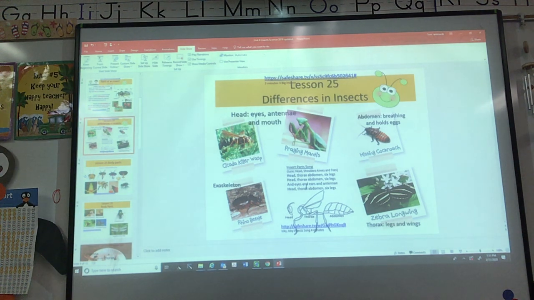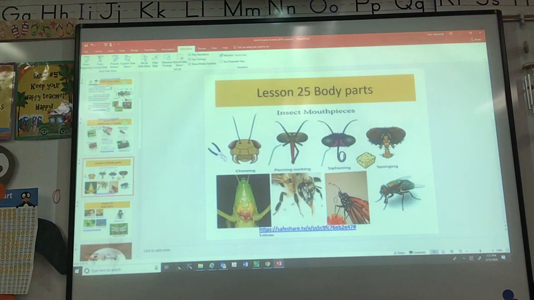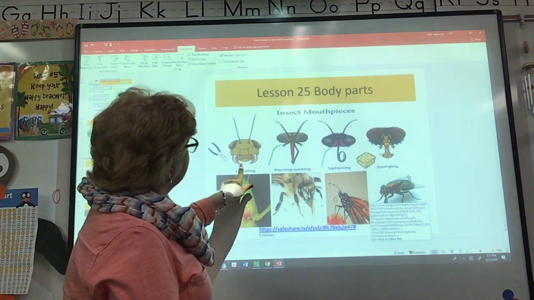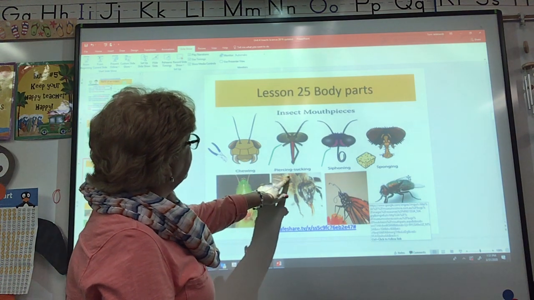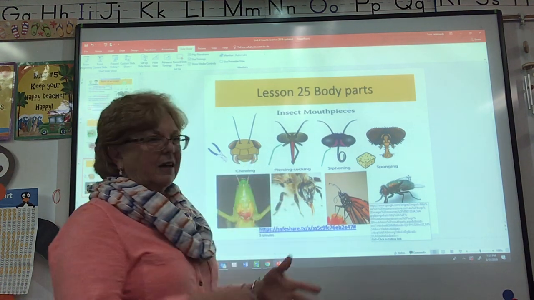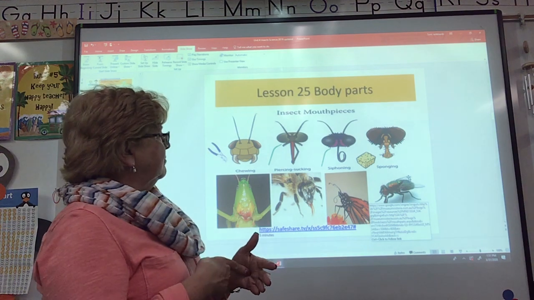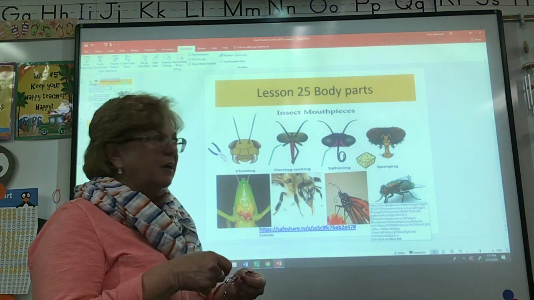Okay, let's see. Oh, and then we've got these little mouth parts. Look at how cool these are. You've got this one that chews, all right? This one is piercing or sucking, so it kind of looks like a straw or a sharp knife.